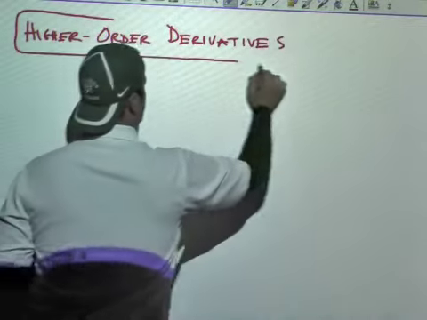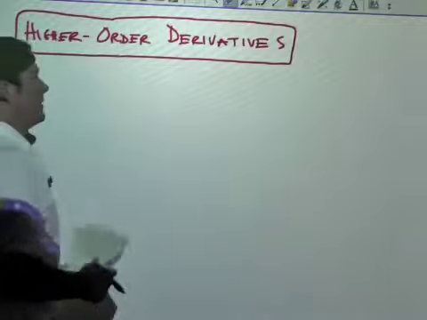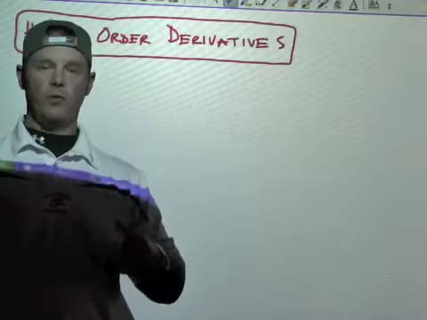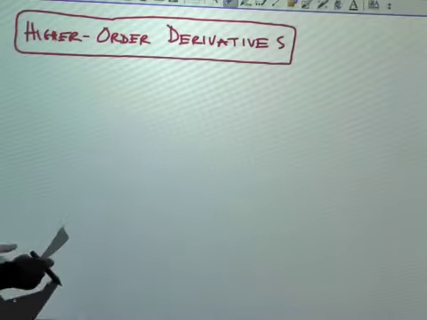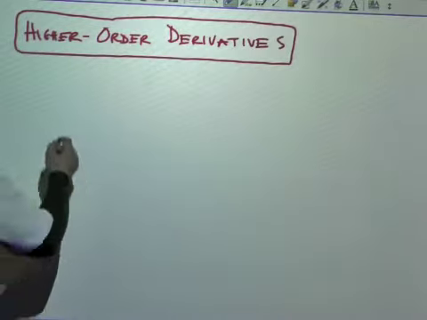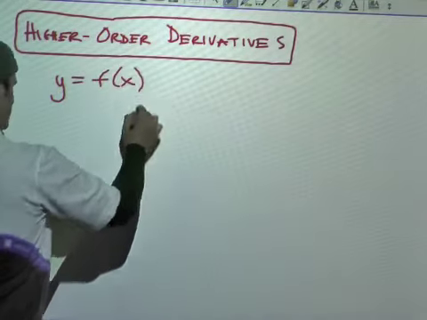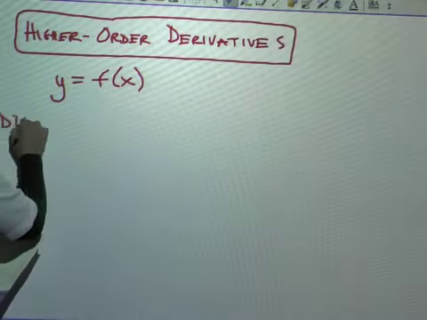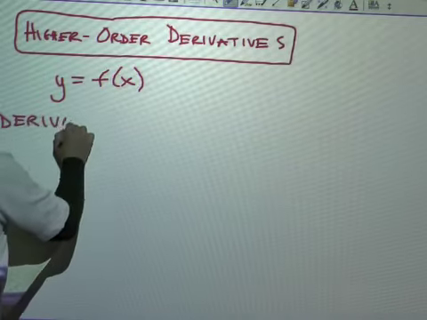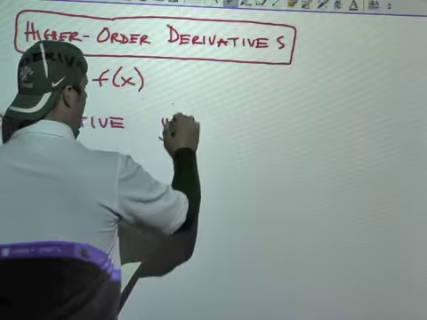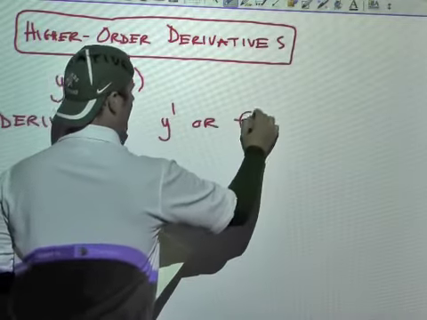All right, last thing. You can actually take derivatives multiple times. So we refer to higher order derivatives means if you take the derivative more than once. Okay? Now let's first of all talk notation. We've already said that if you've got y equals f of x, the derivative is either y prime or it's f prime of x.